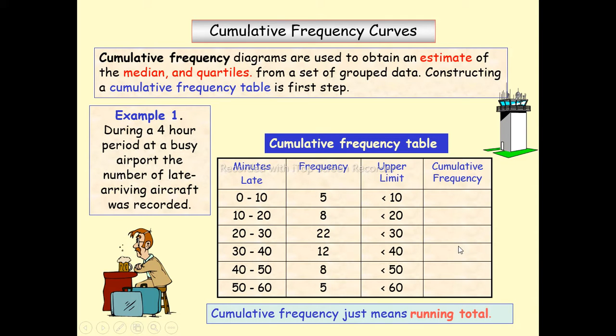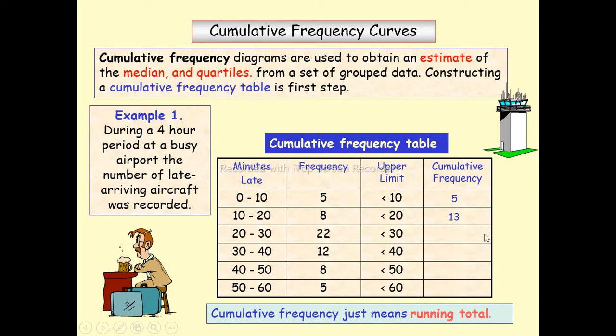Now, the cumulative frequency is when you add all of the frequencies one after the other. First we start with 5. There's nothing before 5, so we just write 5 there. To get the next one, we add what? 8 plus 5, and that gives us 13.